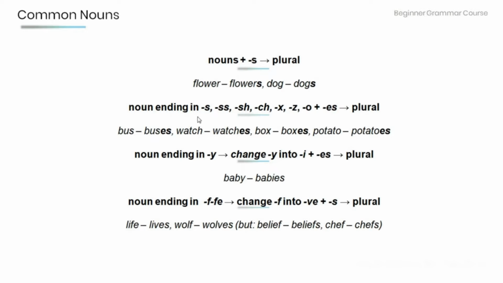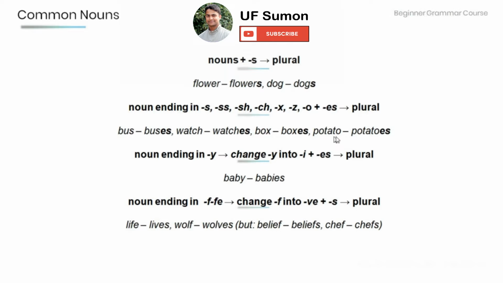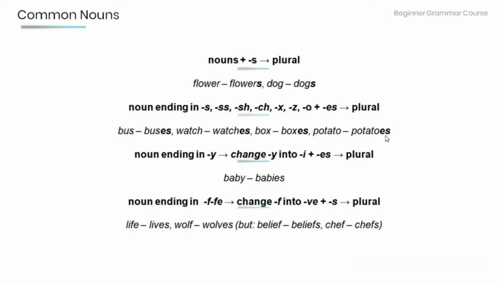And nouns ending in s, ss, sh, ch, x, z, or o, we add es to it so that we can make a plural or more than one. For example, bus, buses, watch, watches, box, boxes, potato, potatoes.